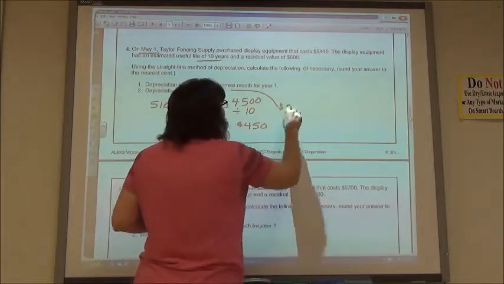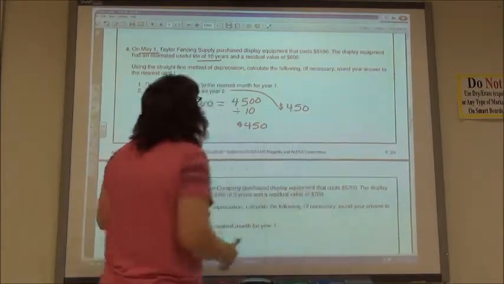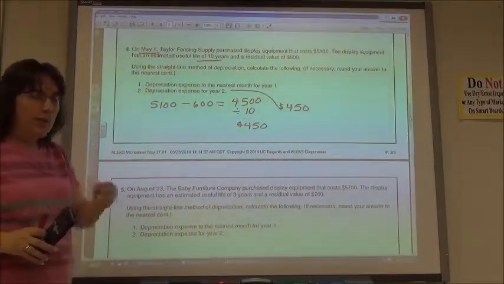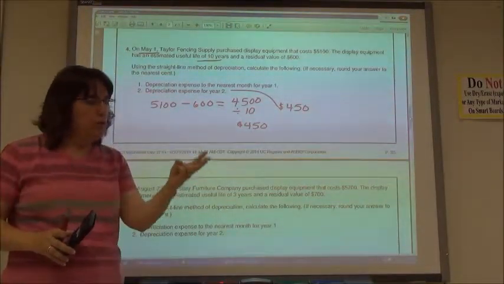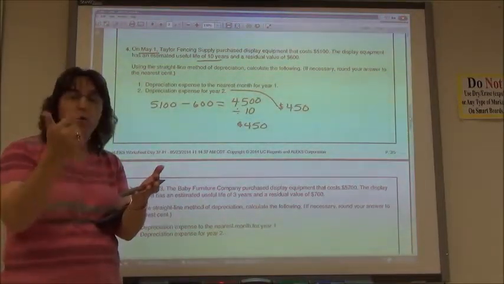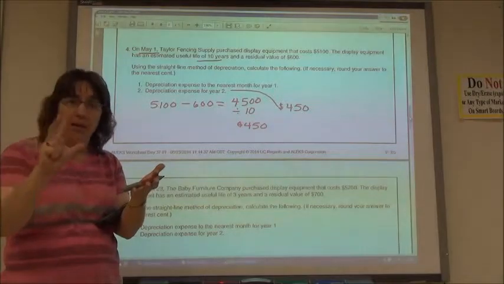So the full year is going to be $450. Year 1, however, they got the item May 1st. So I had it May, June, July, August, September, October, November, December, 8 months.